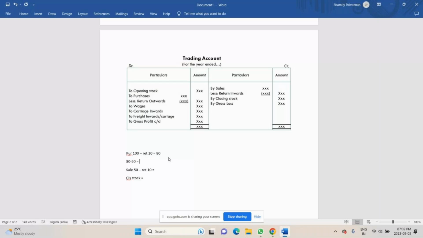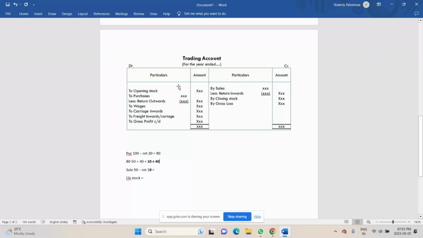Plus, in this 30, this 10 is also coming to me, they are returning to me. So that 10 will also get added. So it is 40. Exactly, it is 40. So this is how we will be doing it. This is the main motive of doing this purchase and sales.